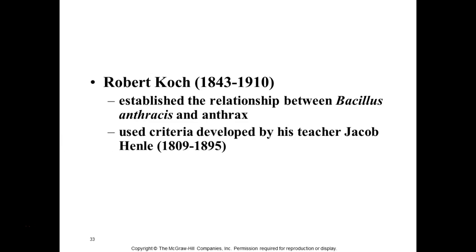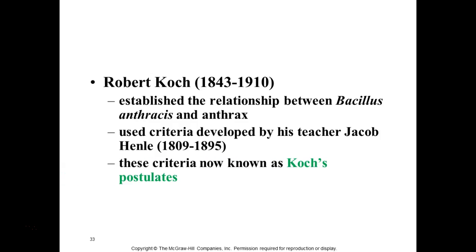So he set up a set of criteria. But before he could even do this, these techniques, these tools, the Petri dish, agar had to be developed, microscopes. So his set of criteria is known as Koch's postulates.